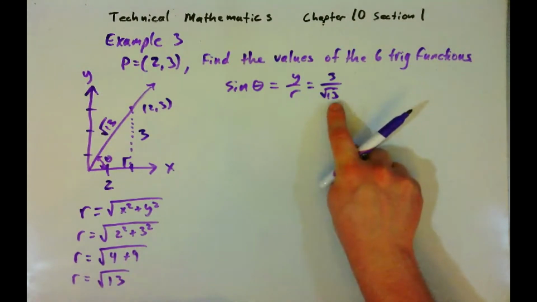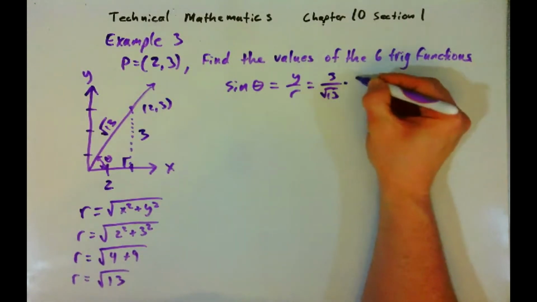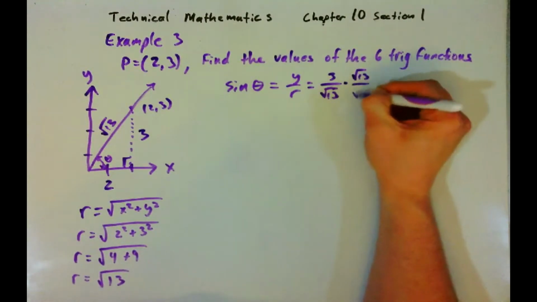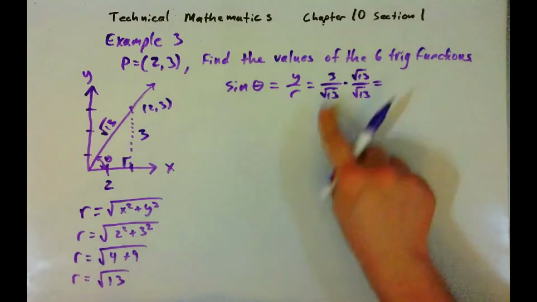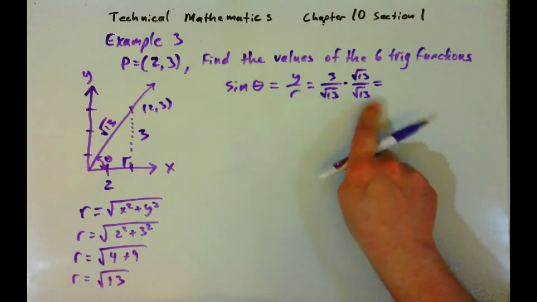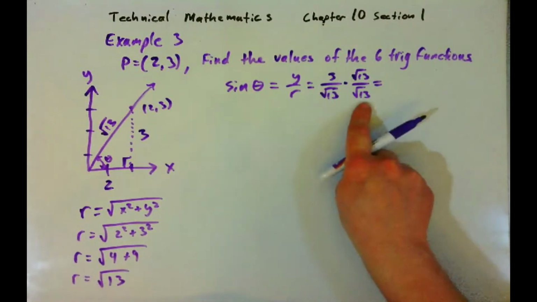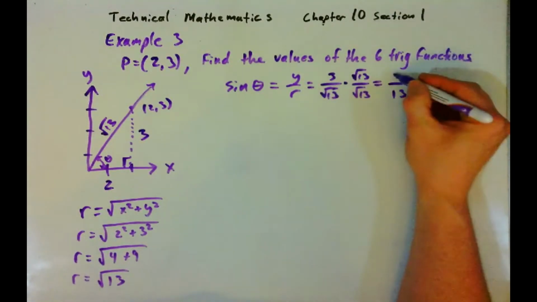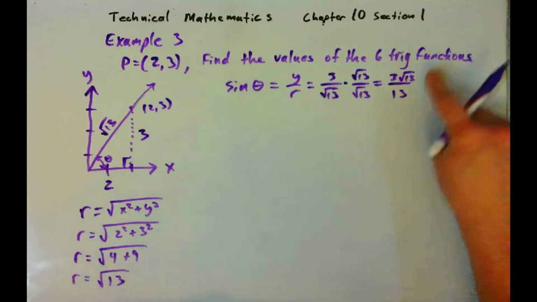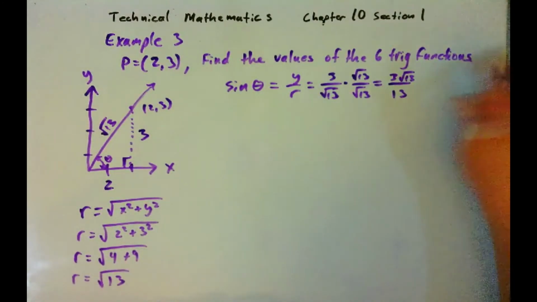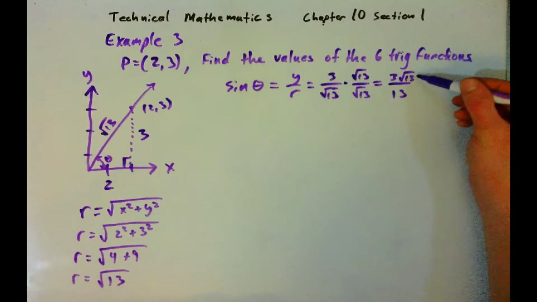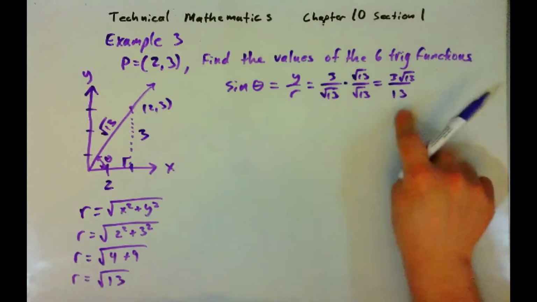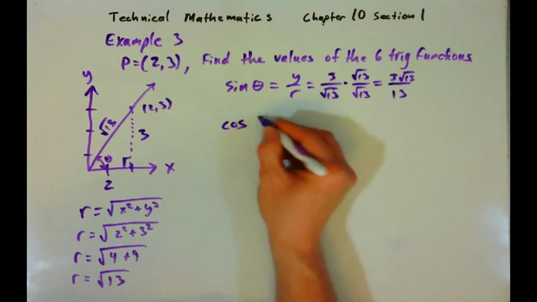And so to get rid of this radical 13 in the denominator, we multiply by radical 13 over radical 13. And so anytime you square a radical or you multiply it by itself, that cancels the radical and we get 13. And in the numerator we will have 3 radical 13. So this is the form that we prefer, where the radical is in the numerator rather than the denominator. And so this will be our answer for sine.